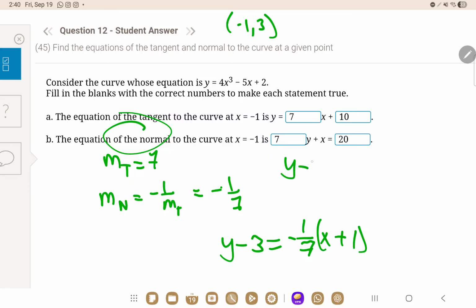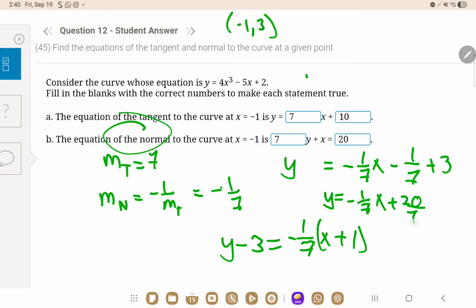You're left with y minus 3 equals -1 over 7 x minus 1 over 7, plus 3 if we want to remove it from here. Long story short, -1 over 7 plus 3 is going to equal 20 over 7. So our equation is y equals -1 over 7 x plus 20 over 7.